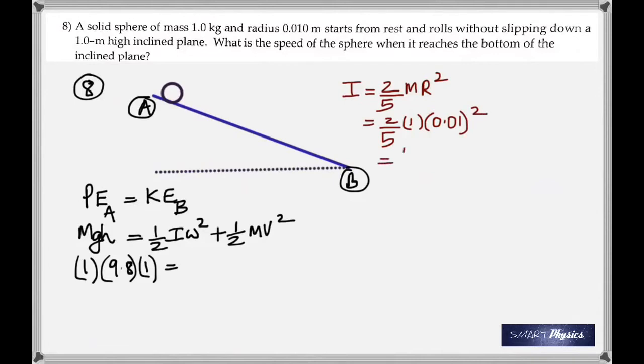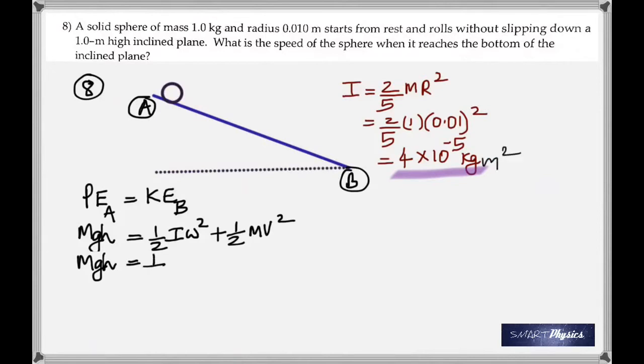which on substitution gives 4 times 10 to the negative 5 kilogram meter squared. I should have said kilogram meter squared. Okay, there is a meter squared there. And then when you take that, omega is V by R, so that is why you have V squared by R squared.